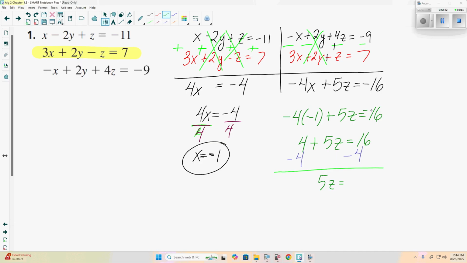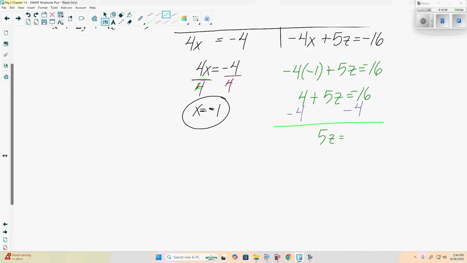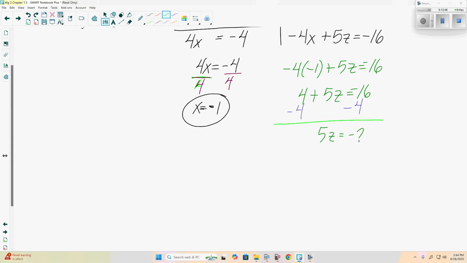Thank you. Yeah, because I'm like, that does not seem right. And it's not. It should be negative 16, giving us negative 20. Divide both sides by 5. Telling us z is equal to negative 4, but yes.